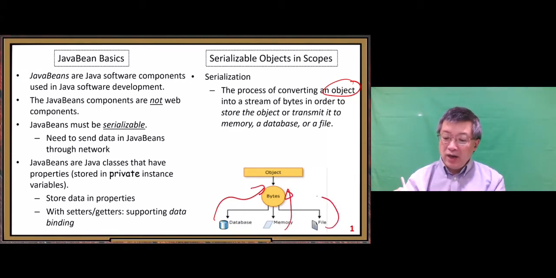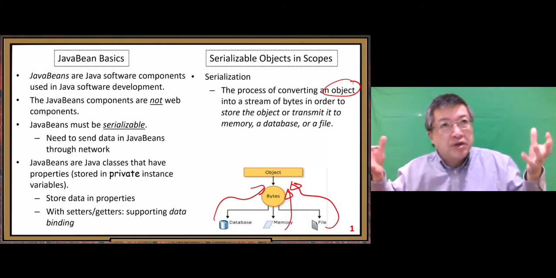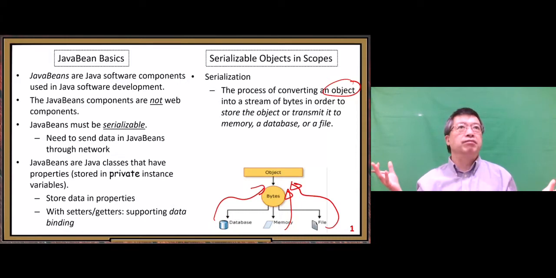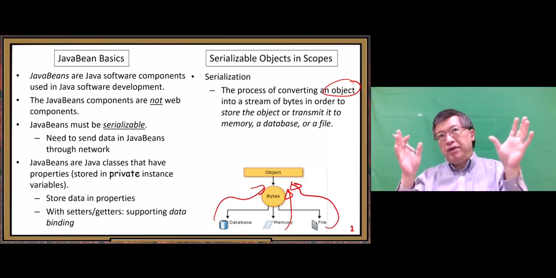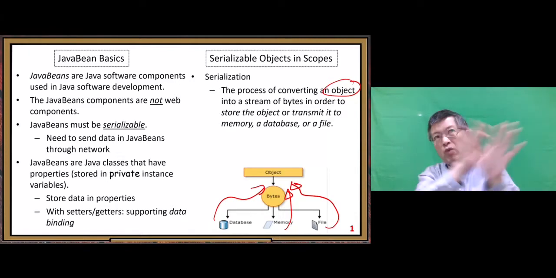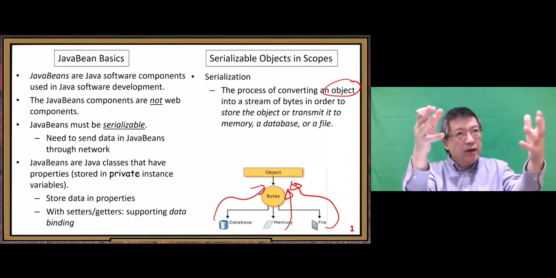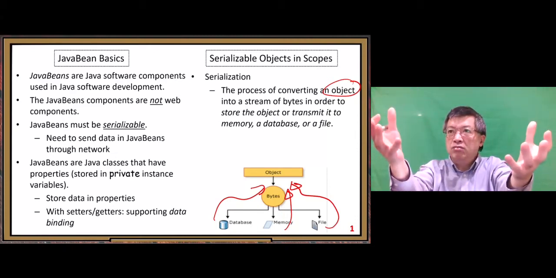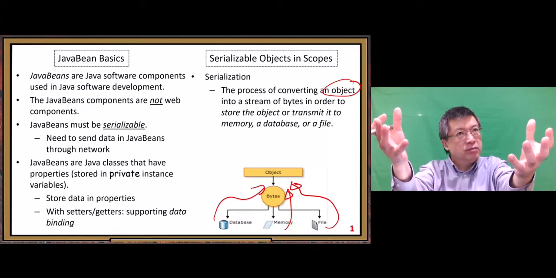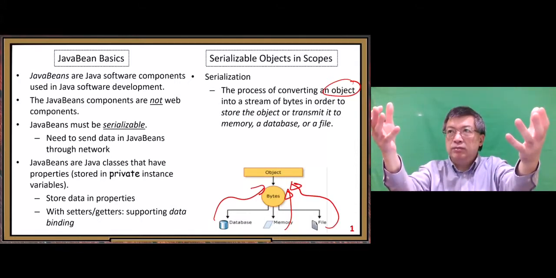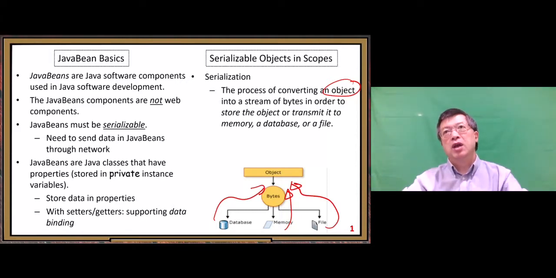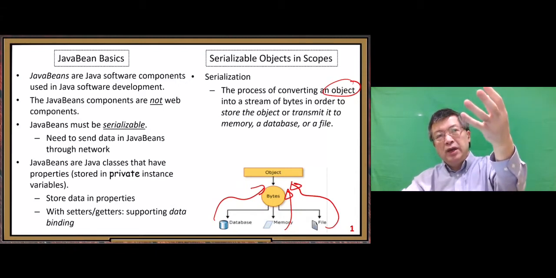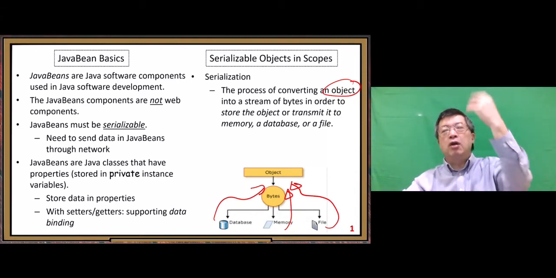Later, you want to get those objects back and use them in your business. If you store the object somewhere, but after you retrieve it you cannot recover the original object, the data gets corrupted, then you cannot use it for your business. So we need to make sure the retrieved object is exactly the same as the original object.